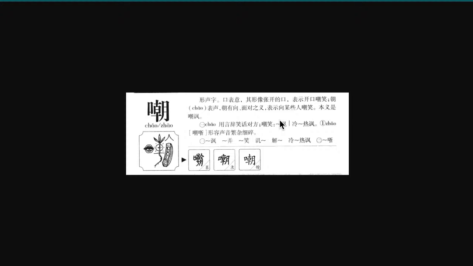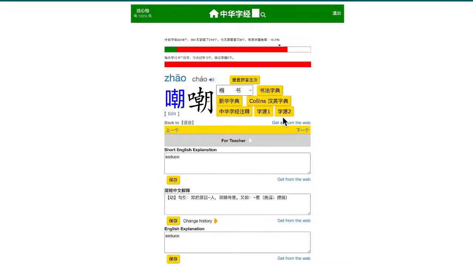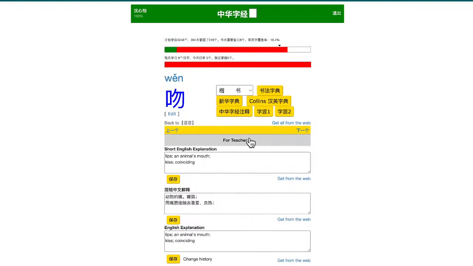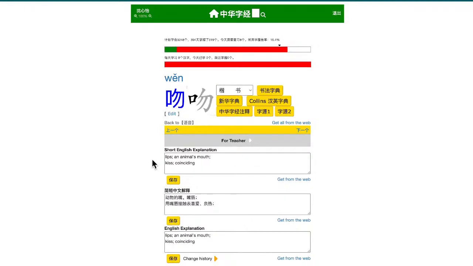A subject that you're laughing at, and ridicule towards. So that's why they have this character 朝, means that you got to have a direction, you got to have an object, right? So that's the meaning.